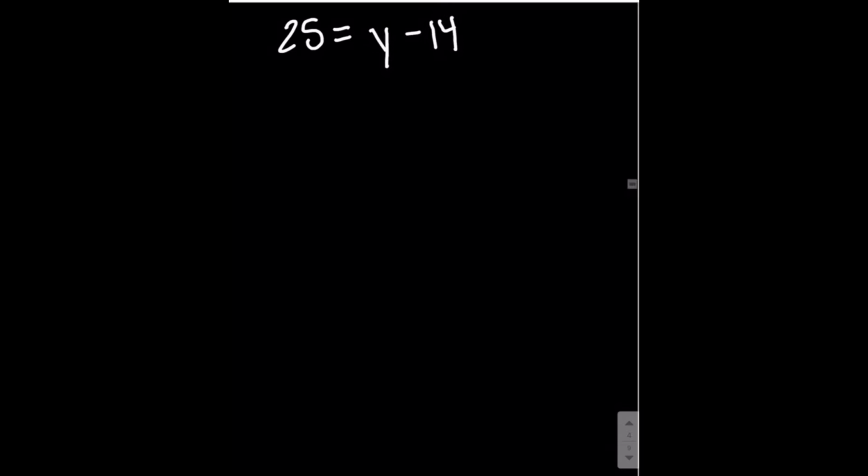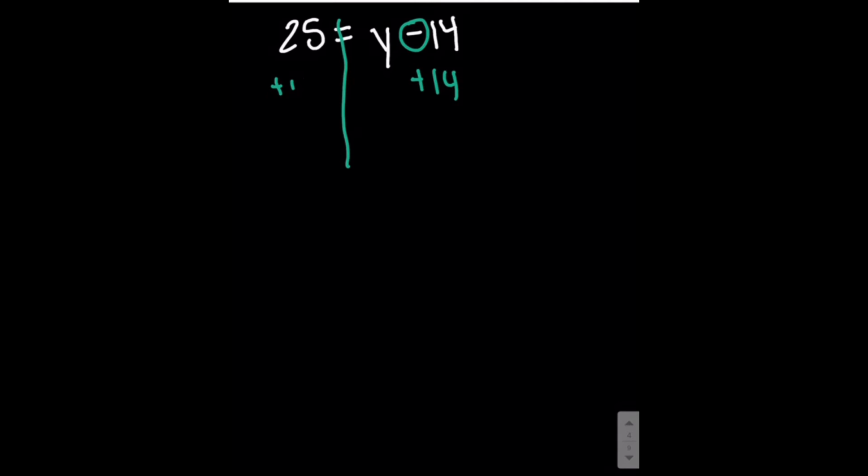Okay, now let's switch it up a little bit, and let's put the variable on the right side. This shouldn't really change our answer. We would still be able to do the same steps. So what's the opposite of minus 14? And that is plus 14 on both sides.